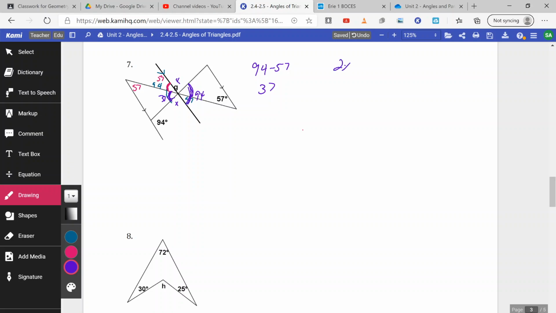So we really have 2x plus 188, giving me 360. I'm going to subtract 188. And I get 172. Divide by 2, 86 degrees.